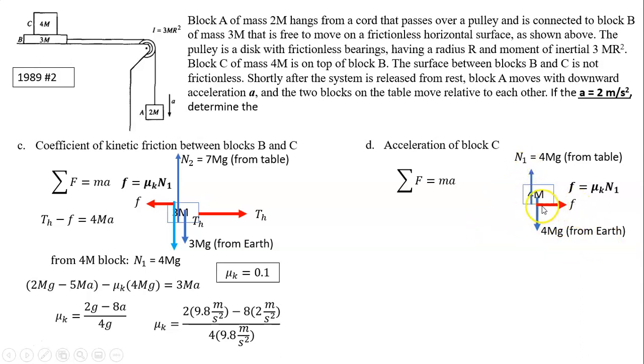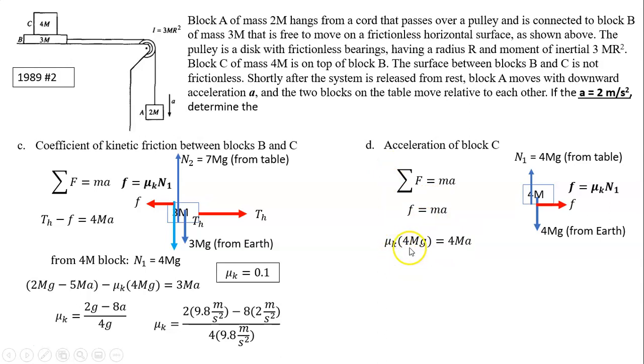Again, this friction is to the right. The friction on the 4m is the reaction force of the friction on 3m. The friction on 3m is to the left, and the friction on 4m is to the right. Their action-reaction forces have the same magnitude and opposite direction. The friction on the 4m is the one that accelerates block C.